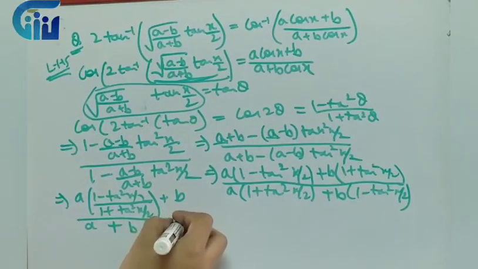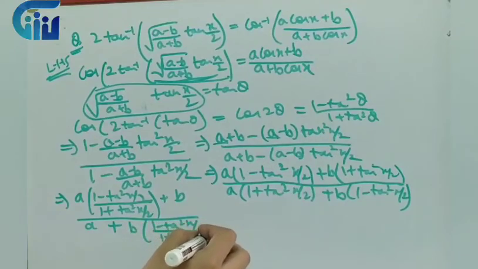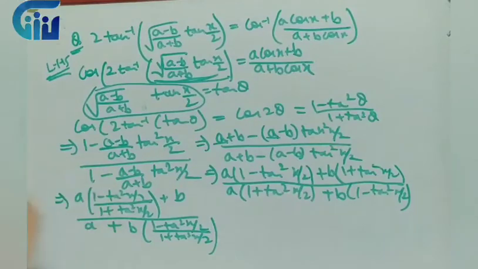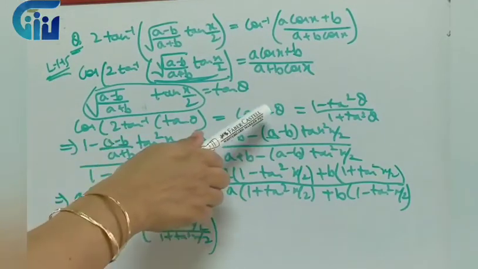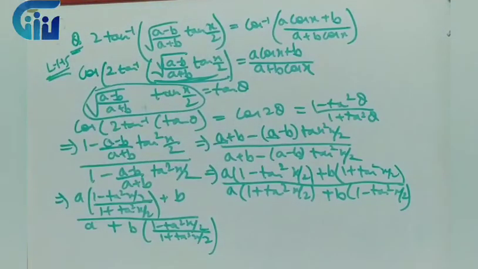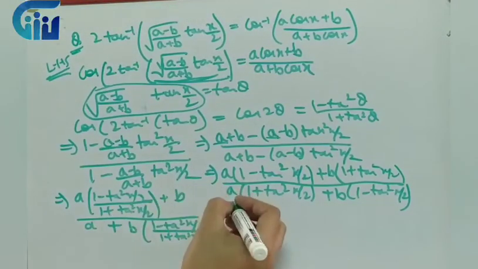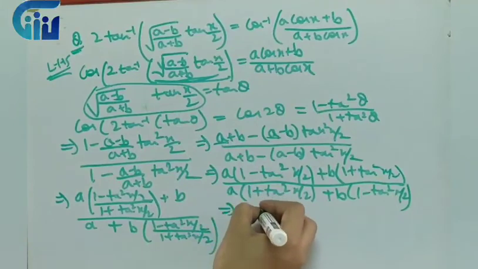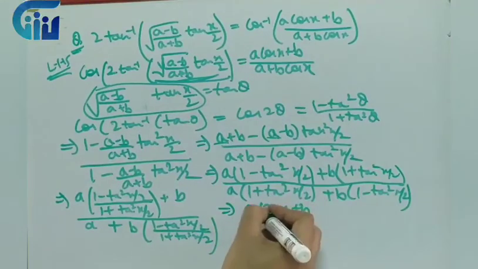Now let's quickly take the LCM and solve it up. So simple, we just have to do the solving part. So it is (a plus b) minus (a minus b) tan square x by 2, and this is (a plus b) plus (a minus b) tan square x by 2, right?